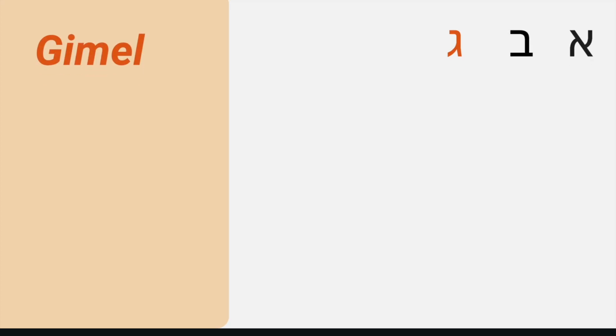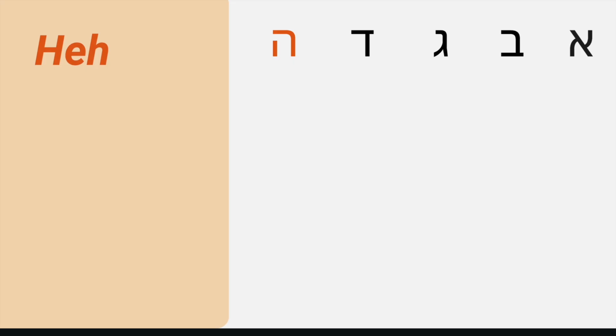So we've got Aleph, Bet, Gimel, which makes a G sound. And that's followed by Dalet, which makes a D sound like in door. That's followed by He, which when functioning as a consonant makes an H sound like in happy. But a lot of times, as we've said before, He serves as a vowel letter.